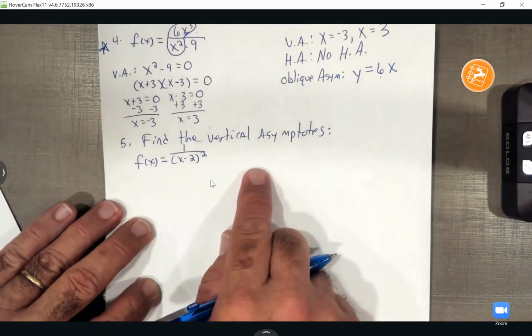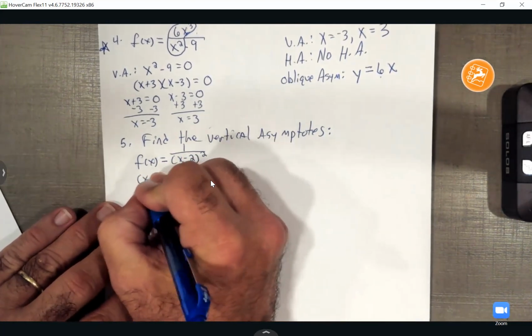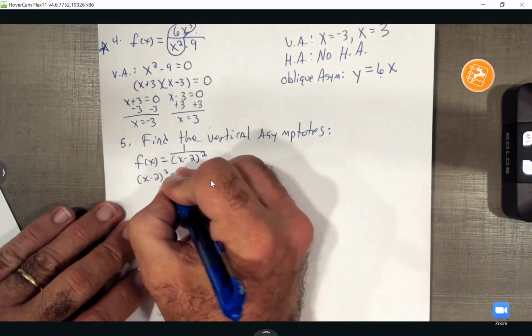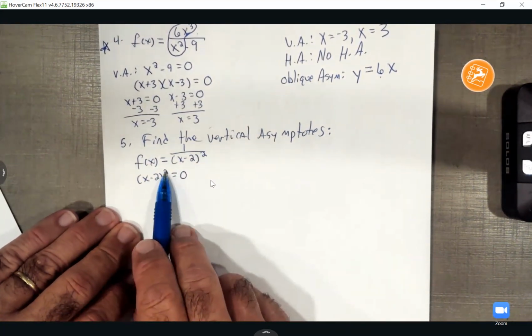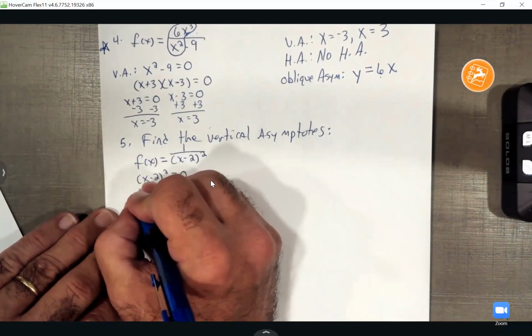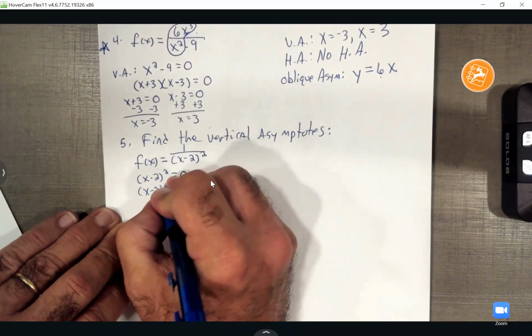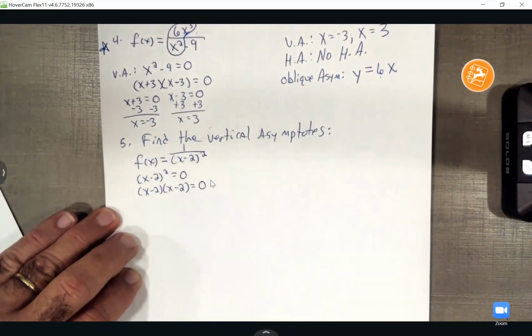All right, so since it's vertical asymptotes, we're only worried about setting that bottom equal to 0. So you got an x minus 2 squared equal to 0. Well, y'all, x minus 2 squared means that this factor happens 2 times. So this would be like the x minus 2 times the x minus 2 equal to 0.